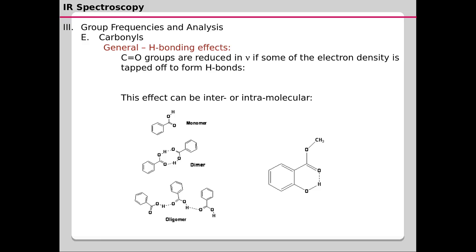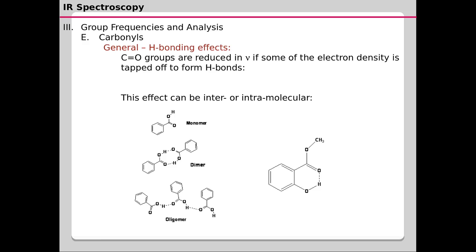So what happens is when a hydrogen bond is formed between the carbonyl oxygen and the hydrogen of another functional group, then the electropositive hydrogen atom will polarize the electron density of the carbonyl oxygen more towards it. So the hydrogen will become slightly, infinitesimally small, delta positive.